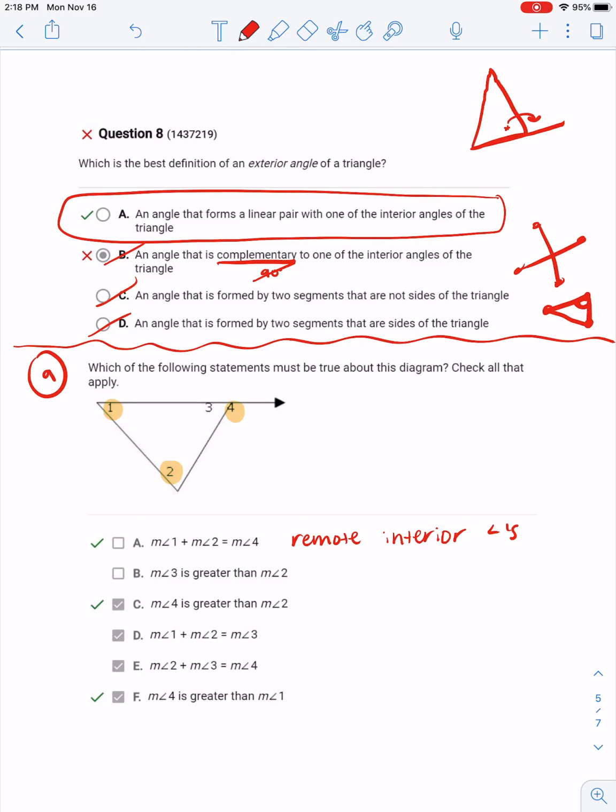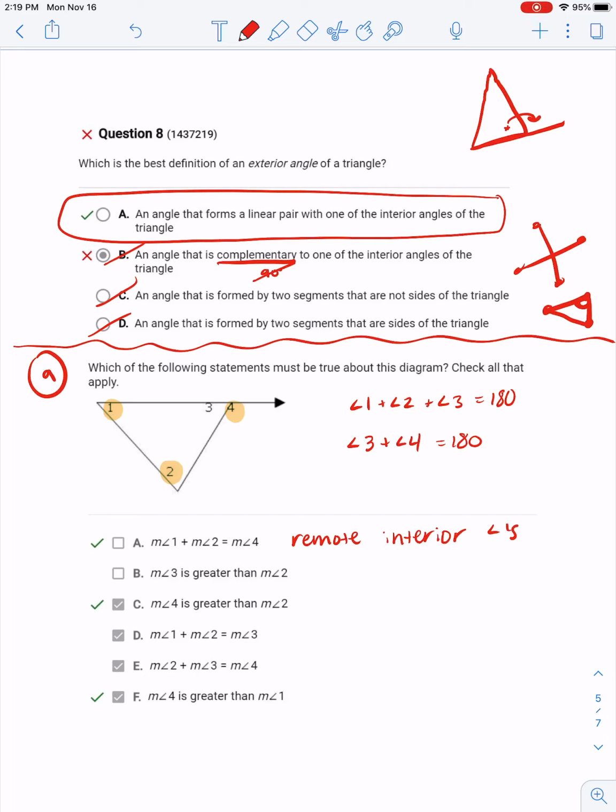So we know that inside the triangle, angle 1 and angle 2 and angle 3 are 180 degrees. Those make a triangle. I also know that angle 3 and angle 4 are 180 degrees because they make a straight line.